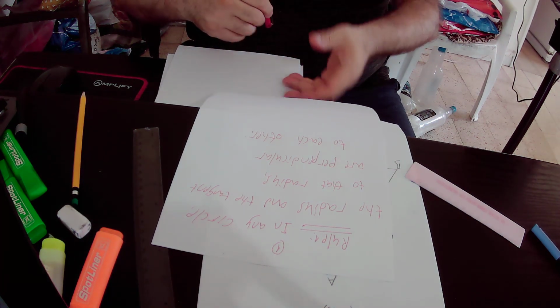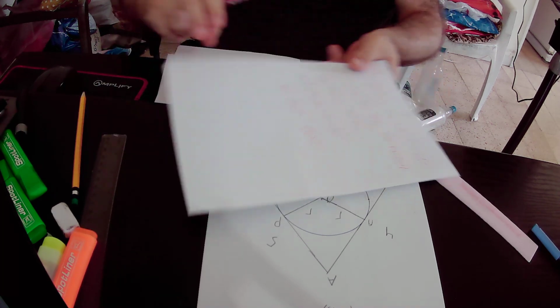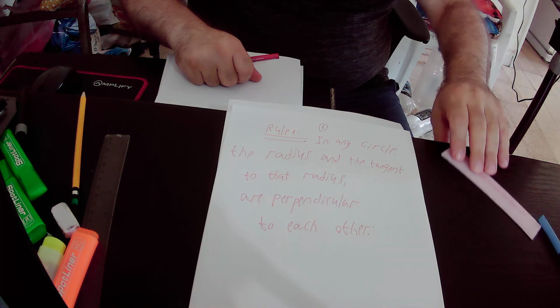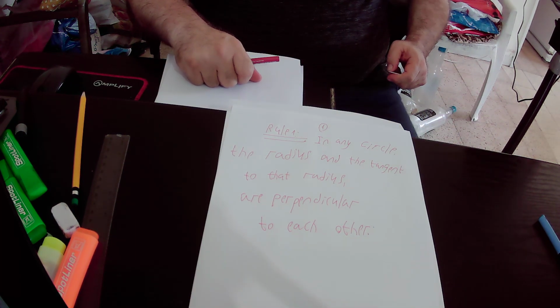I will read rule number 1 again. Rule number 1 states that in any circle the radius and the tangent to that radius are perpendicular to each other.